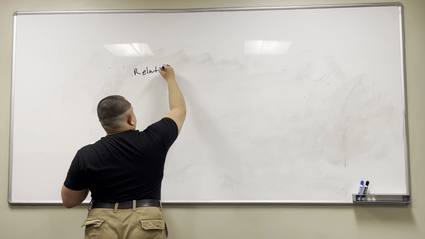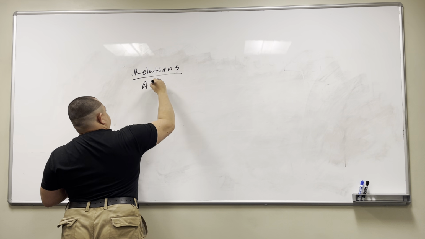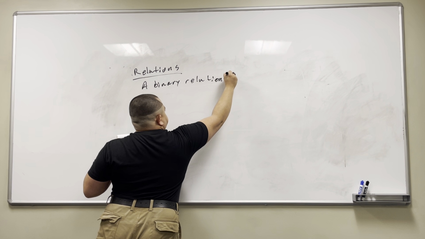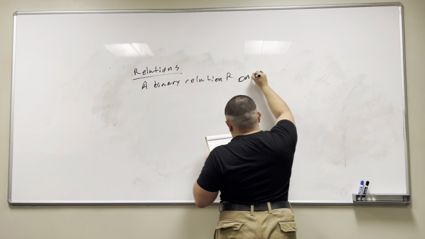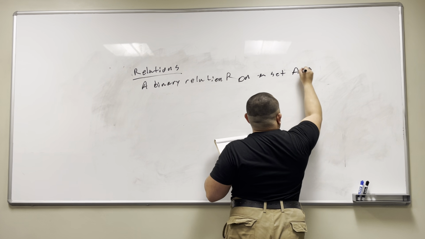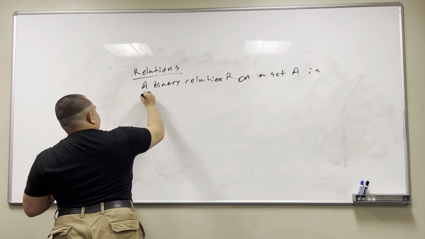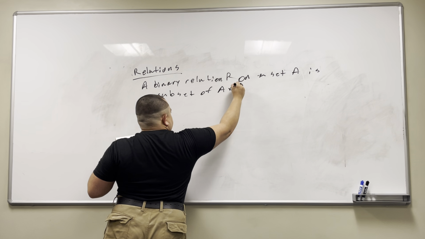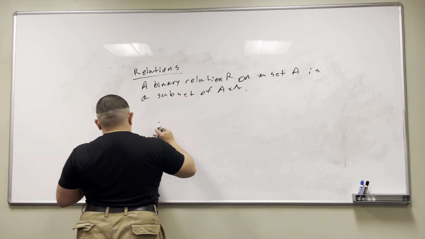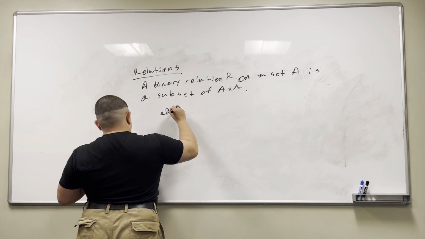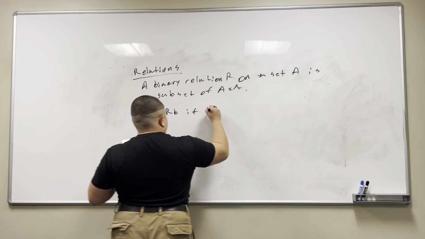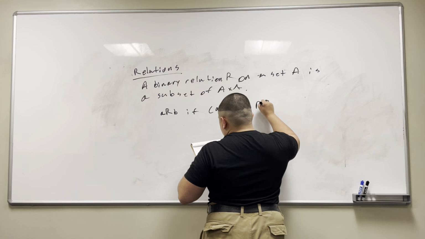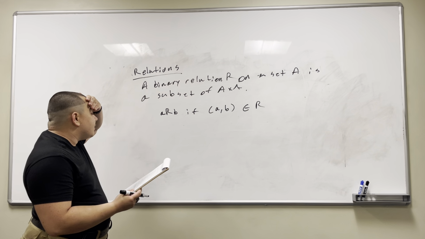So a binary relation R on a set A is a subset of A cross A, and we write this as a R b if the ordered pair (a, b) is within R. It's within that binary relation.